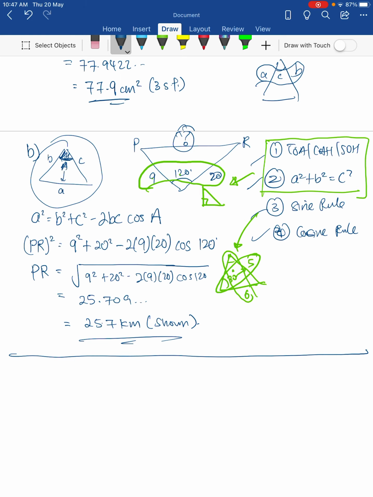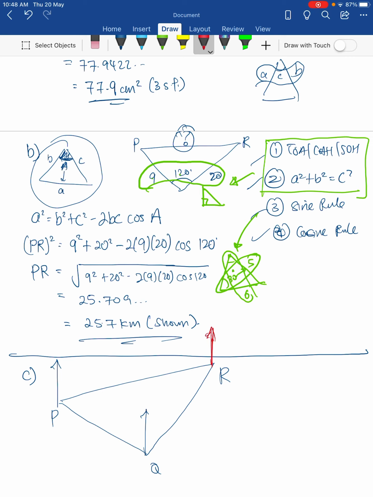Okay, moving on. Next, part C question. So we are supposed to find the bearing of P from R. Okay, so let's take a look. The diagram, I redraw the diagram again. So this is north, so the P, Q and R. We want to find the bearing of P from R. So from means we need to draw the north line.